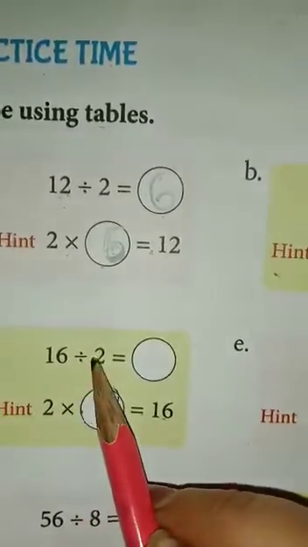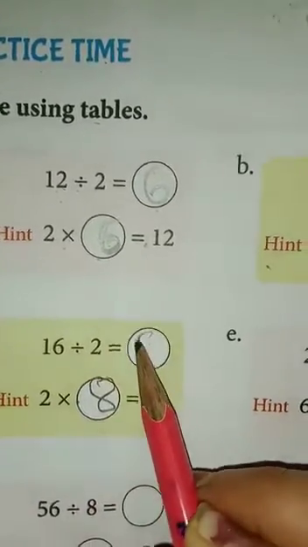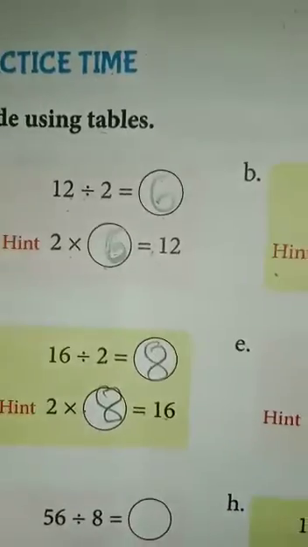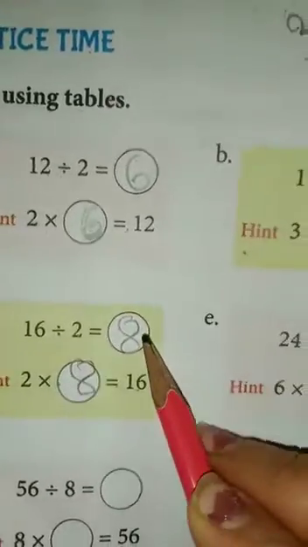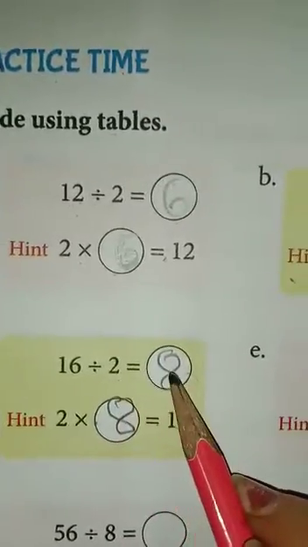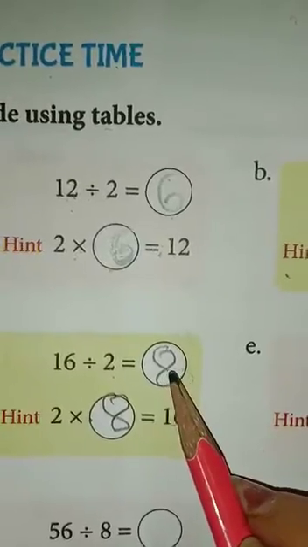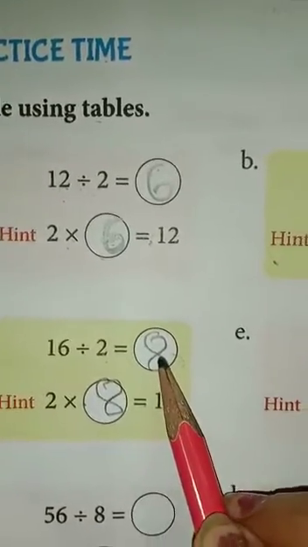So 16 divided by 2 is equal to 8. We have used the tables.